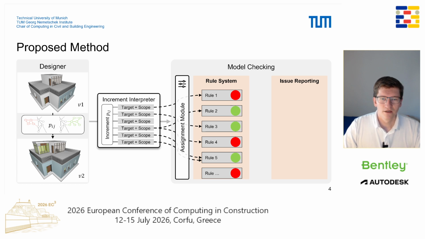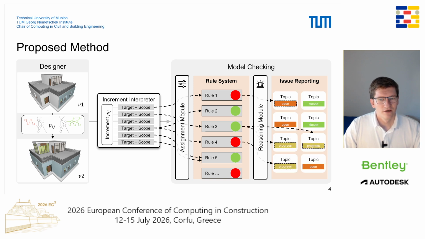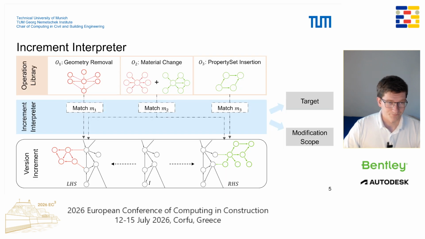Last but not least, we are also linking the rules with the issue reporting itself. For this, we are introducing a reasoning module. In the next steps, I'd like to further introduce these three new modules: the increment interpreter, the assignment module, and the reasoning module. Let's start with the increment interpreter.